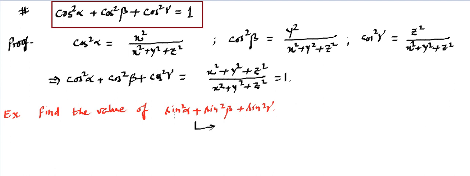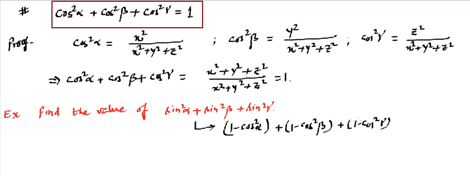I'm solving here. What you can do is use sin square alpha. We can write sin square alpha as 1 minus cos square alpha, because for any angle cos square alpha plus sin square alpha is going to be 1. Similarly, we can write sin square beta as 1 minus cos square beta, and sin square gamma as 1 minus cos square gamma. Now you will get your answer.